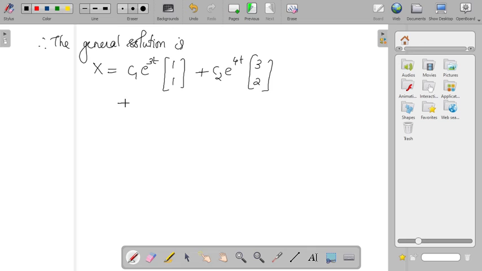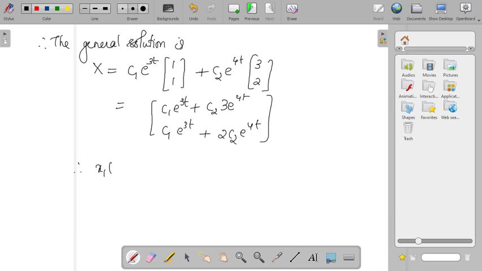So the general solution is c1 e raised to 3t times 1, 1 plus c2 e raised to 4t times 3, 2.